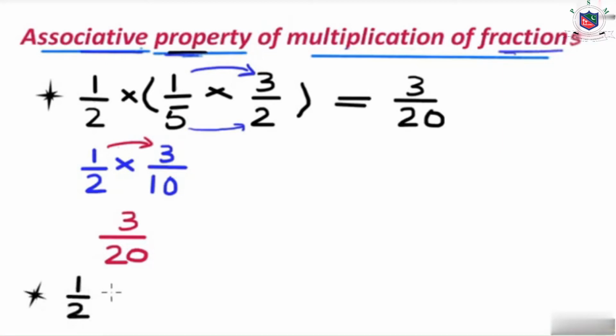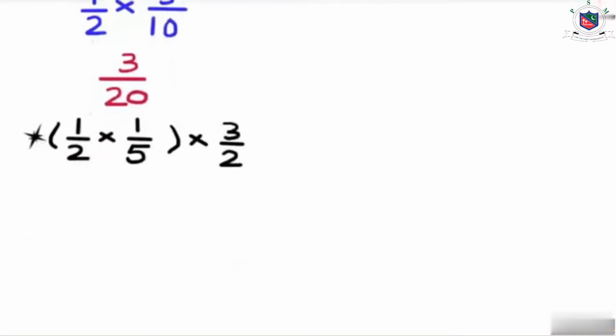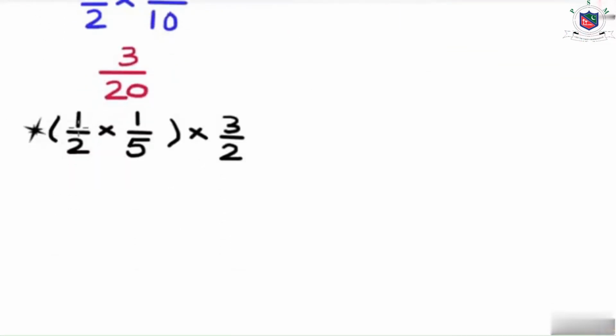First we have solved how we can multiply the first fraction with the group of the second fraction. So now we have 1 upon 2 and 1 upon 5 and we are putting both of these in a group, and the third fraction we are writing in a simple way.